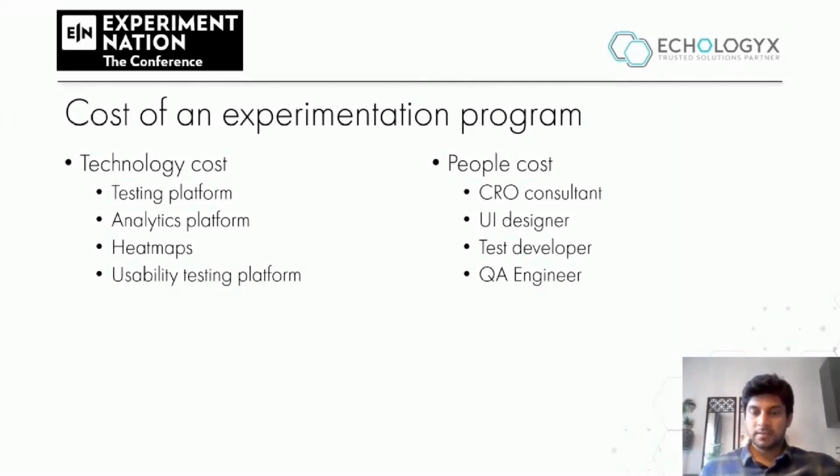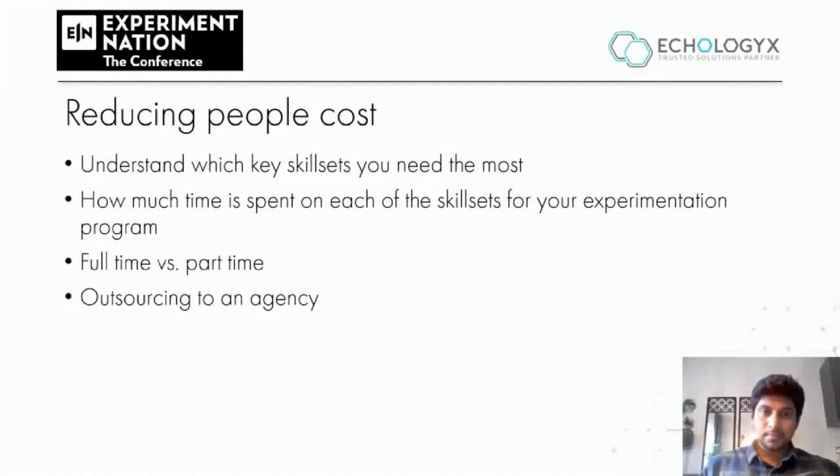So now let's take a look at how we can potentially reduce the cost for the team, for the people who are directly involved in the experimentation program. Now, first of all, you need to understand what key skill sets you need the most.